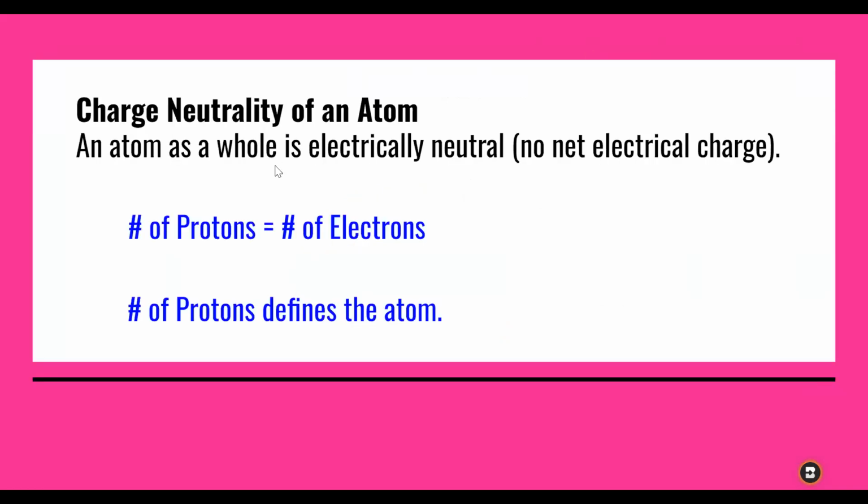Then the atom as a whole is electrically neutral. Every atom is neutral. Why is it neutral? As you saw in the simulation, the number of protons equals the number of electrons. And also, you notice that the number of protons defines the atom. You find out that each time you add a proton, the name changes.